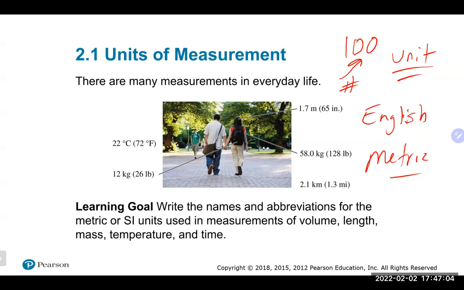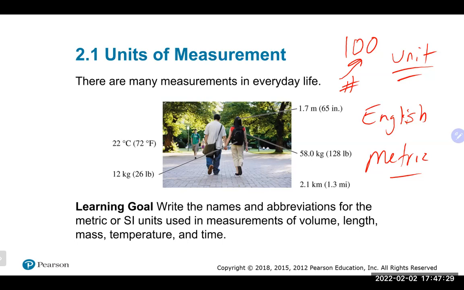We still use what is referred to as the English system. And you can imagine that that creates a problem. As the world gets smaller, everybody interacts with each other. Somebody is using the metric system, somebody is using the English system. There can be a lot of trouble that can occur in that situation.